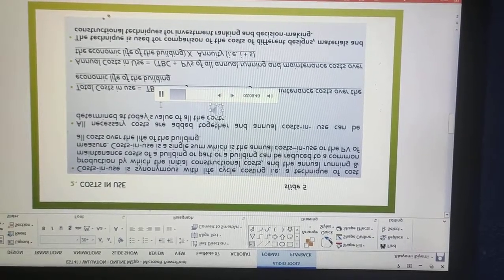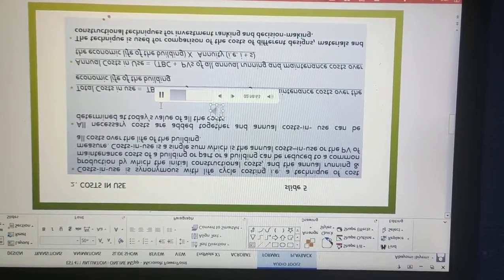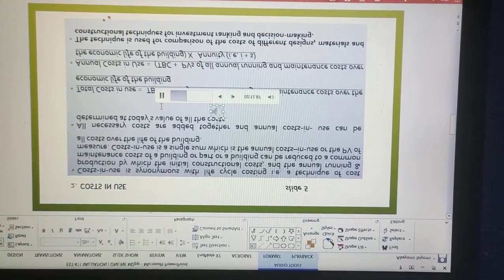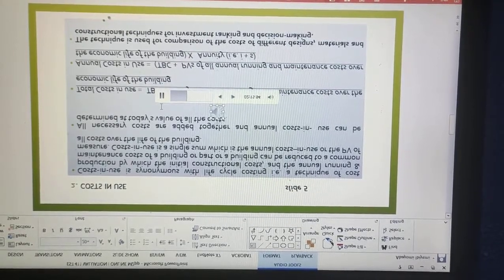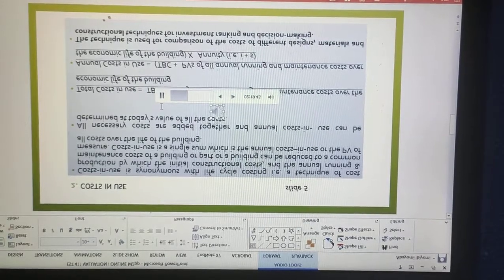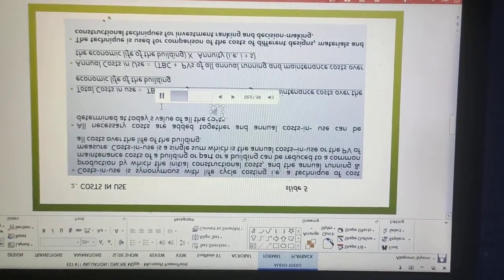It could also be done for investment analysis purpose on part of the building or the entire building. But for the purpose of our study, let's limit it to the entire building first.